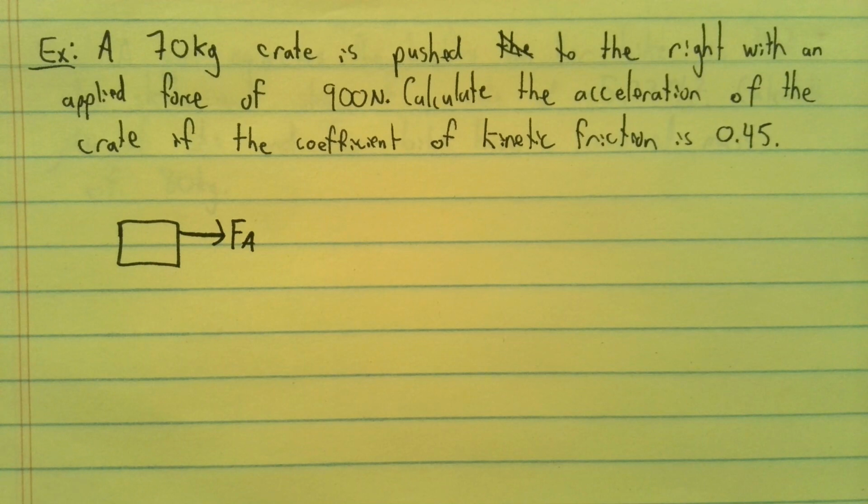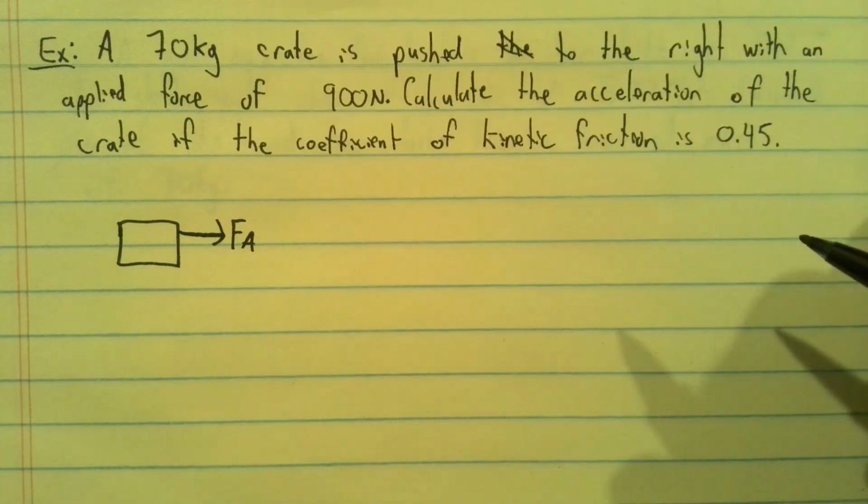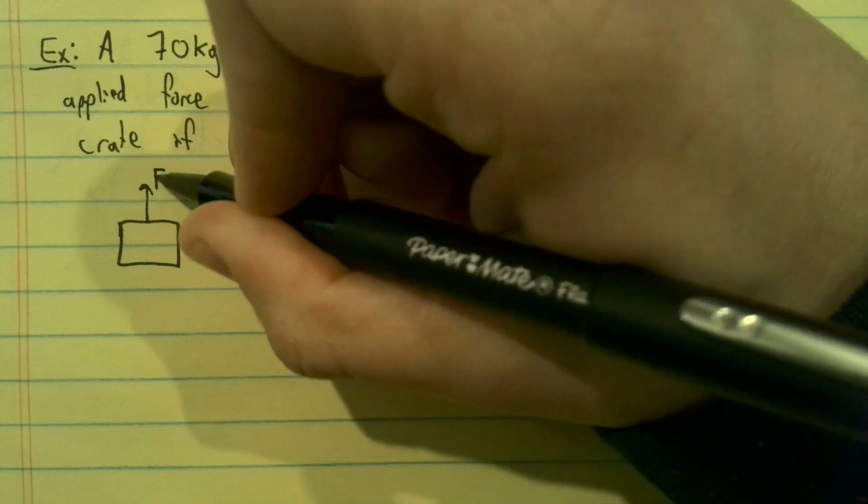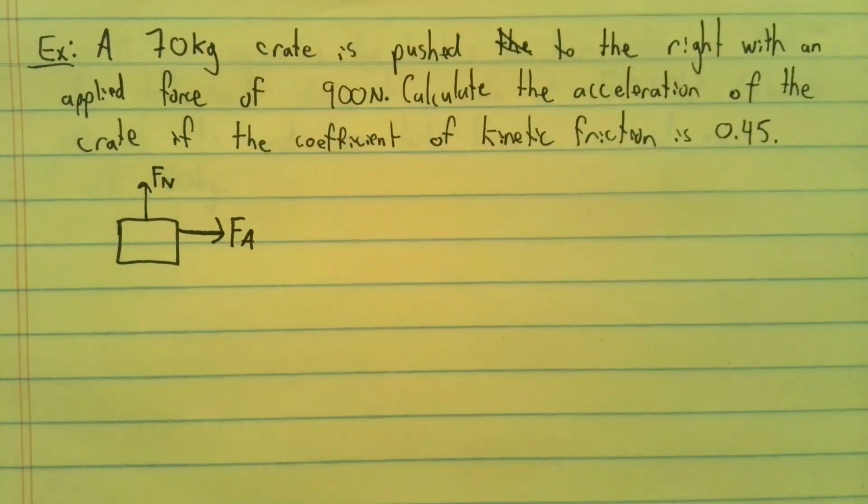Is there air resistance? No, it's not moving fast enough, and it's too heavy to experience a lot of air resistance. Is there normal force? Of course there is. It's on a surface. We can assume it's on the ground. So Fn points up. Is there kinetic friction? Absolutely. This thing is sliding on the ground.